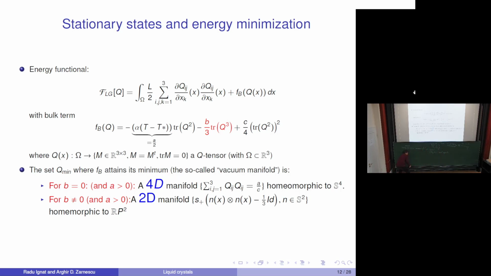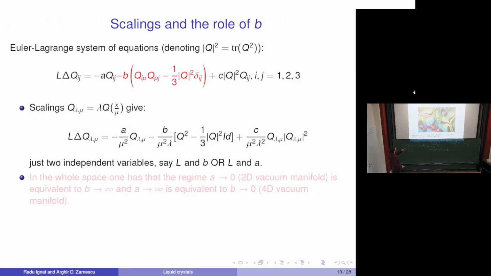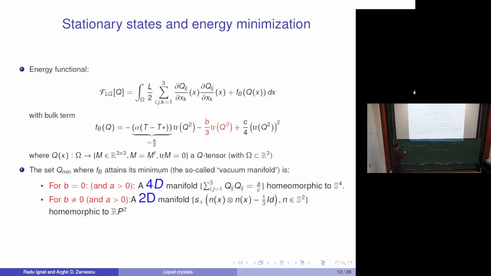Okay, so F_B is something like this. F_B of Q is something like a over 2 minus a over 2 trace of Q squared minus b over 3 trace of Q to the third plus c over 4 trace of Q squared, squared.